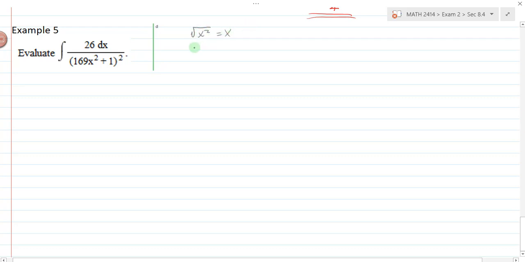Using that concept, I could rewrite this as the square root of the quantity 13x squared plus 1, squared, which is equal to 13x squared plus 1. Squaring the square root just removes the radical and you're left with this over here, aren't you?